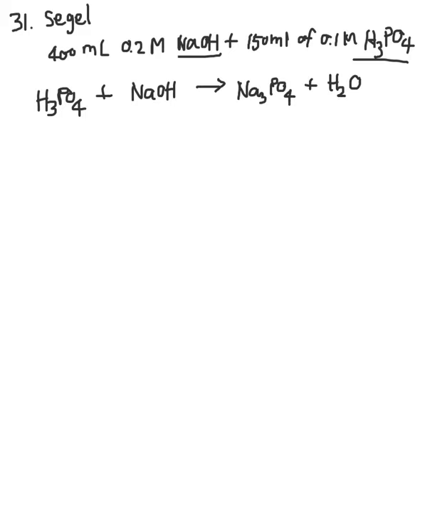Before we calculate the pH of this mixture, you need to make sure that this reaction equation is balanced. So first, you need to balance the equation by putting 3 here and then 3 water here. Now the equation is balanced.